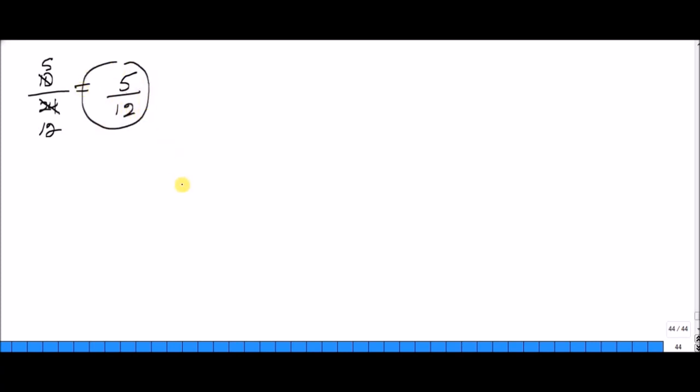So this is it basically for our review of our unit on fractions, and we have covered a lot. We have gone all the way from what a fraction is. We know about the numerator, the denominator, the fraction bar. We looked at identifying the shaded versus the unshaded portions, finding equivalent fractions.